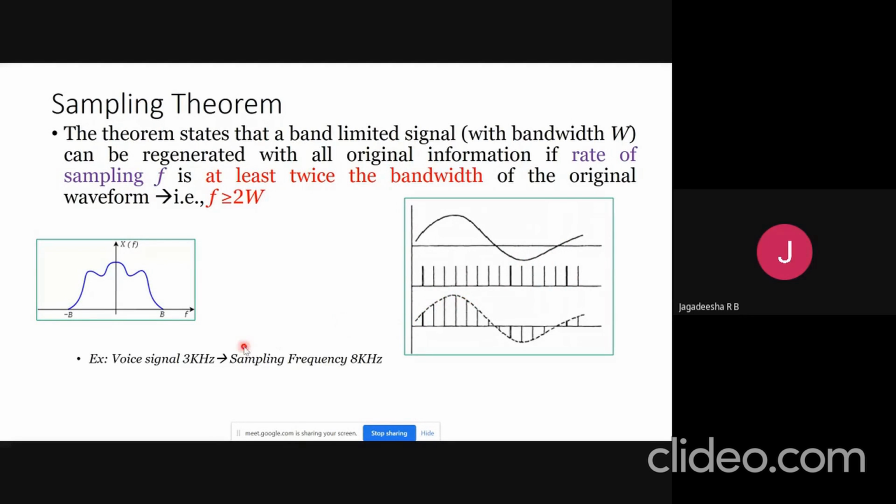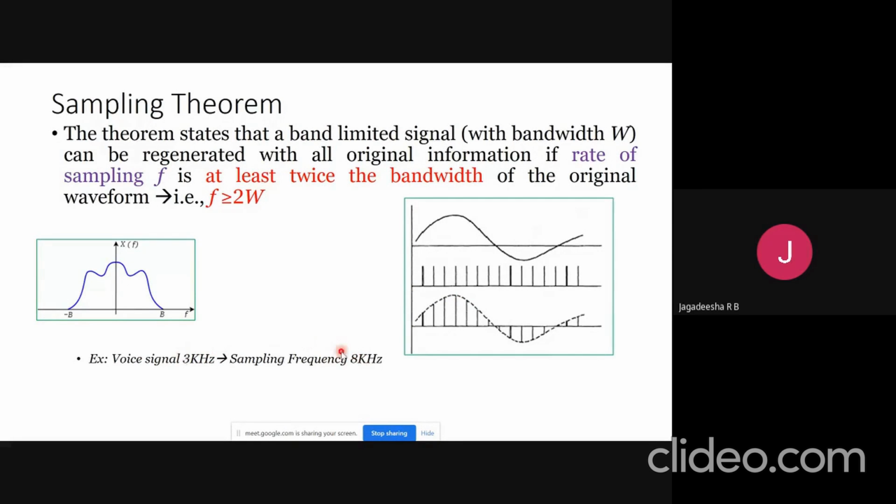Okay, one practical example is a voice signal. For example, in case of a telephone, the voice signal we generate may vary up to around 3 kilohertz. Then when it has to be transmitted, the telephone circuit will do the sampling. What's the sampling rate? The practical sampling rate is 8 kilohertz.